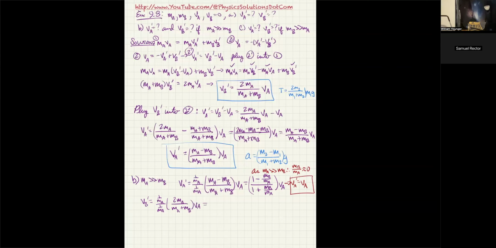So when you carry this out, you're going to get 2 over 1 plus MB over MA times VA. But as we know, as MA becomes much bigger than MB, that forces MB over MA to be zero. Therefore, VB prime is 2 times VA.